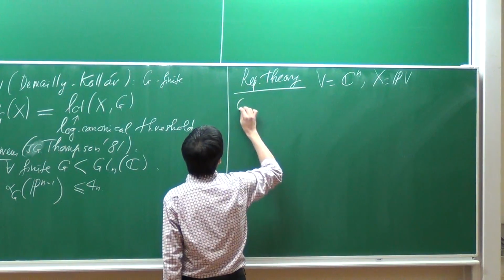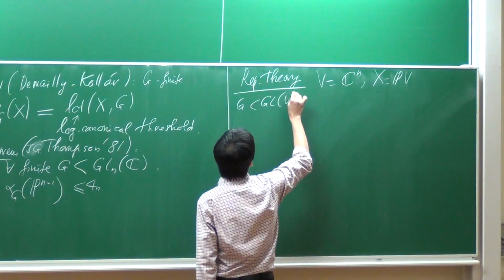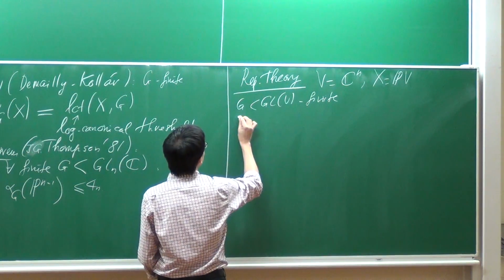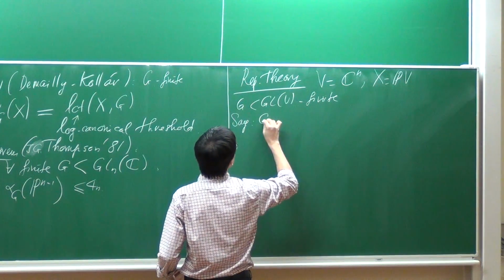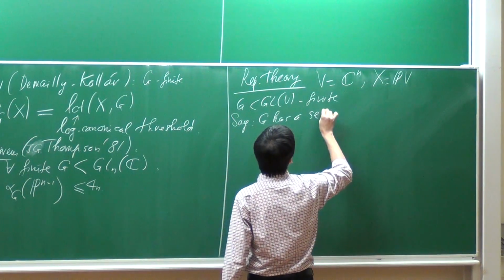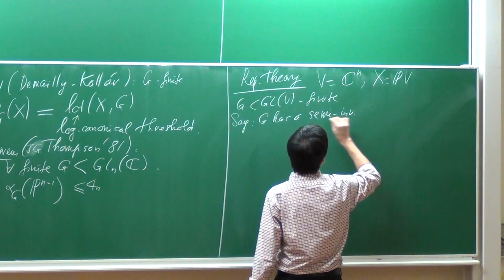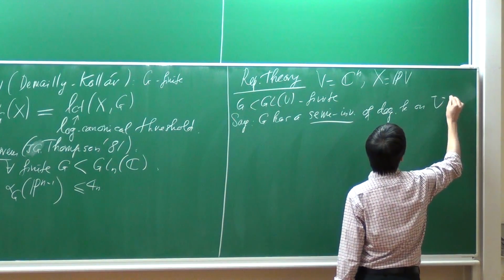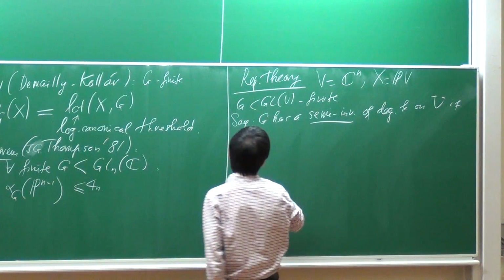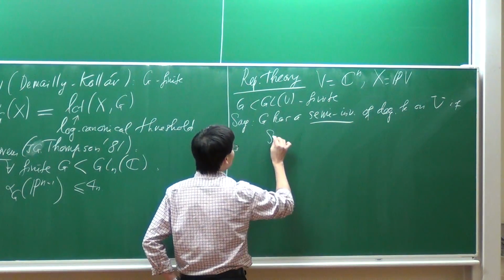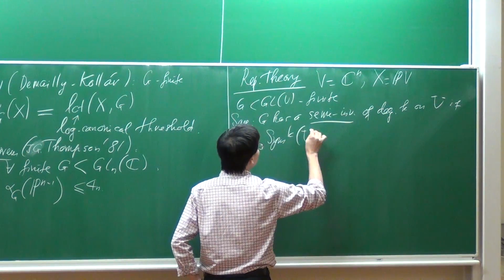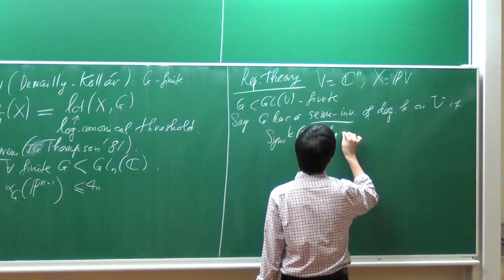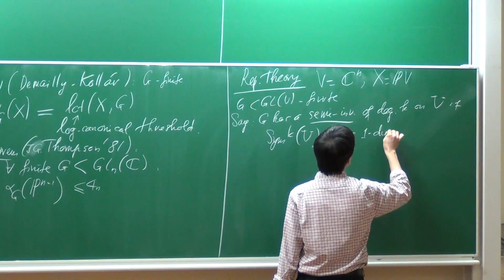So if G is a finite subgroup of GL(V), then we say that G has a semi-invariant of degree k on V if, when you look at the G-module, the k-th symmetric power of V, it has a one-dimensional submodule.